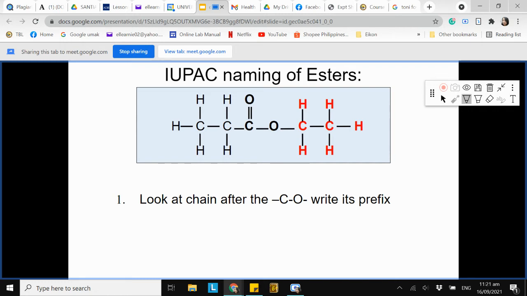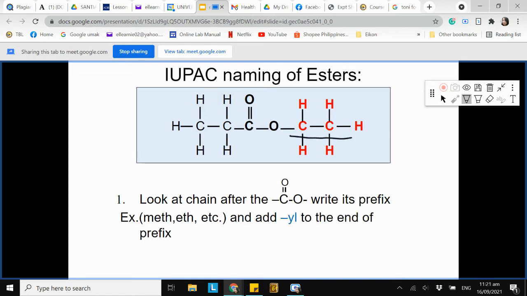For IUPAC naming, first find the chain after the CO. So the chain after the CO is this. Based on the number, you have two carbons, and the ending we use is -yl. So since this is two carbons with -yl at the end, this is ethyl. Okay?